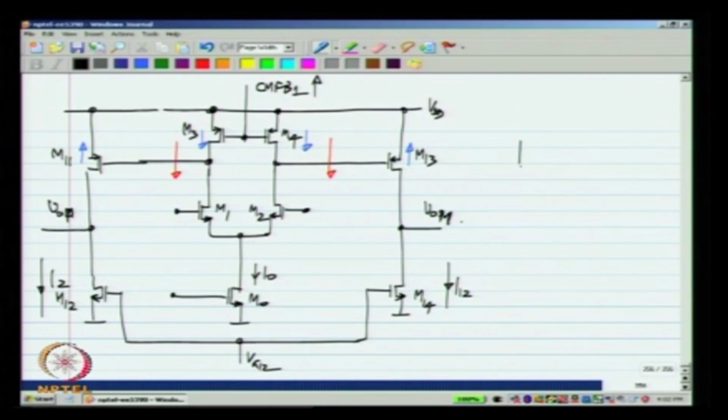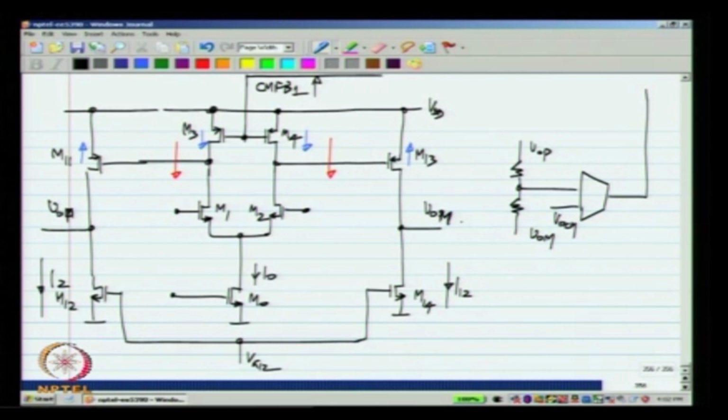We detect the common mode voltage as always using a resistive divider and compare this to a certain value VOCM and let the output continuously increase or decrease CMFB1, okay.